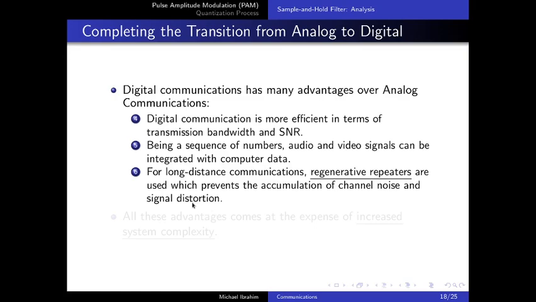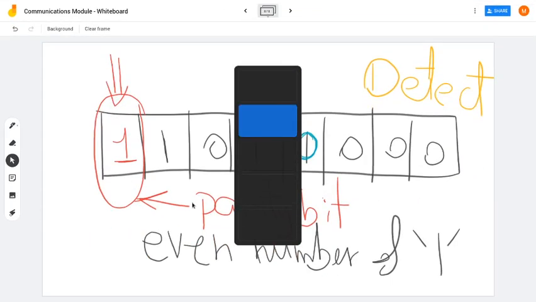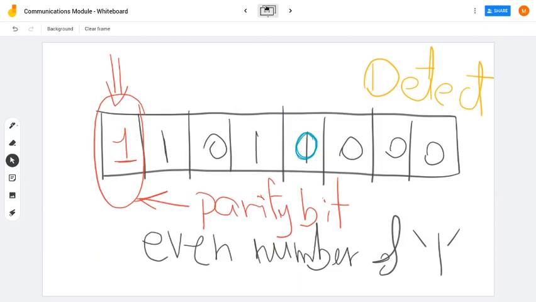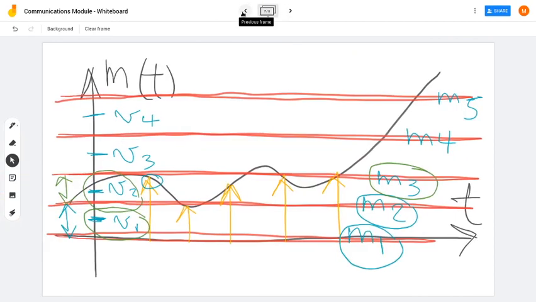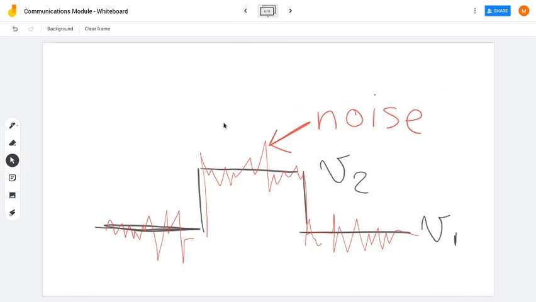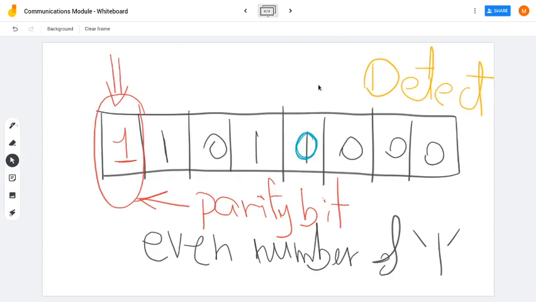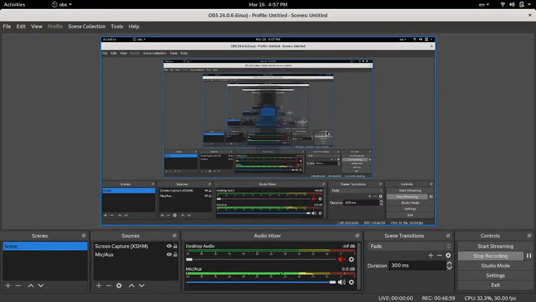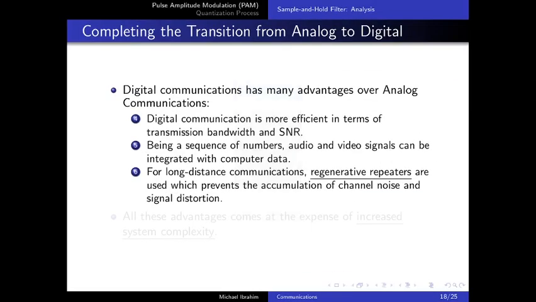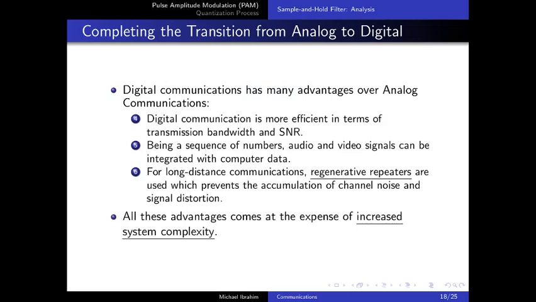Basically, regenerative repeaters use the fact that the binary data we have is resilient against noise. So even if we have some noise, we can reject it. And even if we get any errors, we can use error control coding to correct some of these errors. This is basically what's called regenerative repeaters.